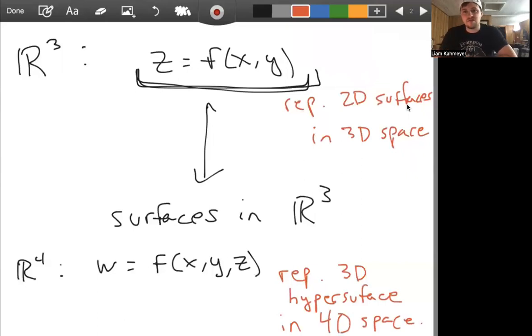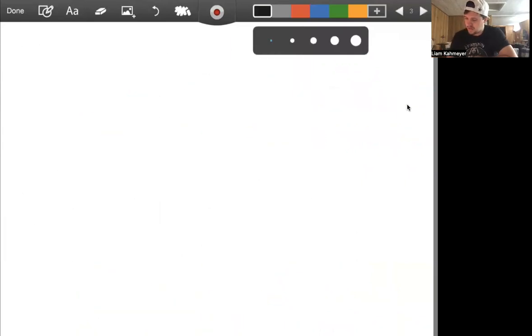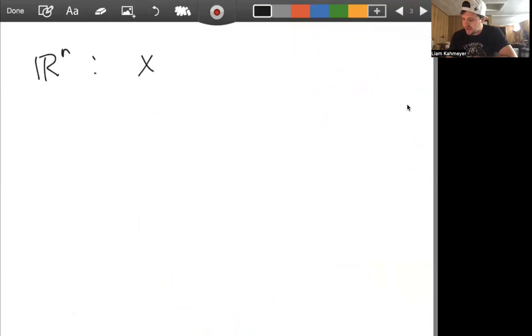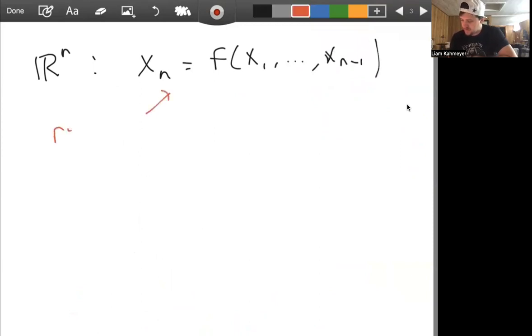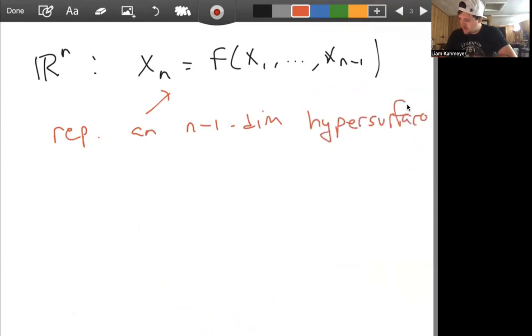And this generalizes to n dimensions. So in Rn, if you have x_n as a function of x_1 through x_(n-1), what would this be? This would represent an (n-1)-dimensional hypersurface in n-dimensional space.